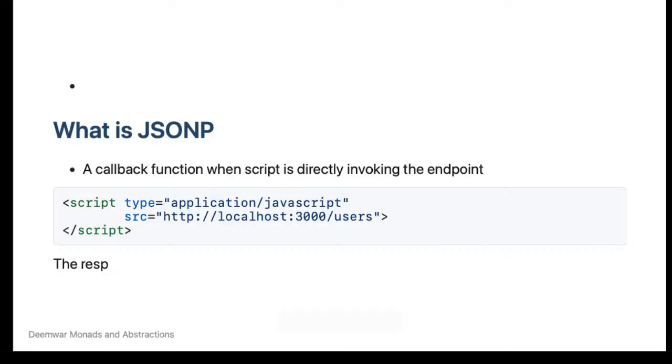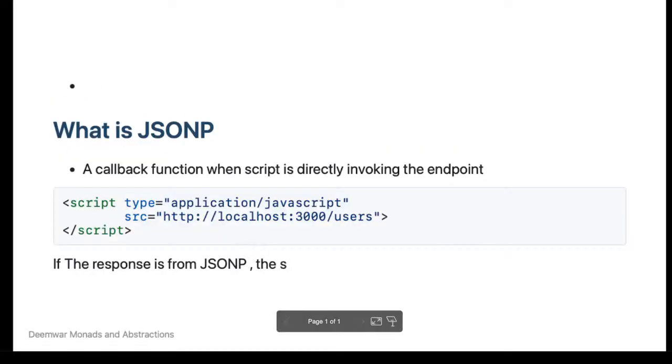If the response is from JSON P, the script will invoke the callback method specified. I think I need to do some work here.